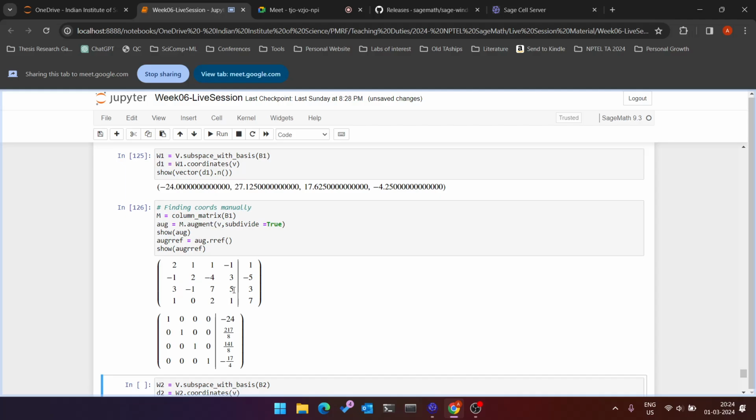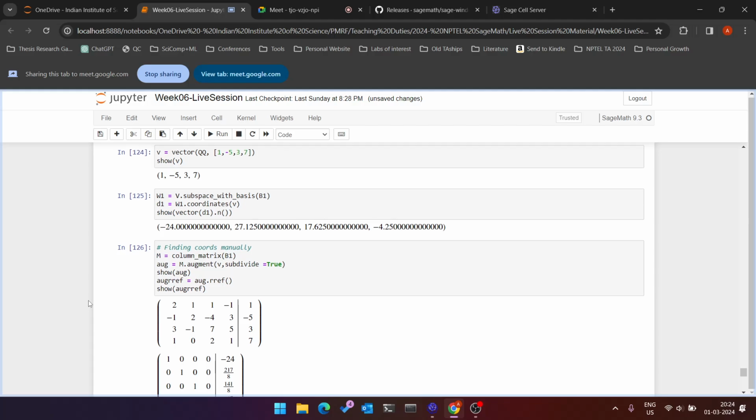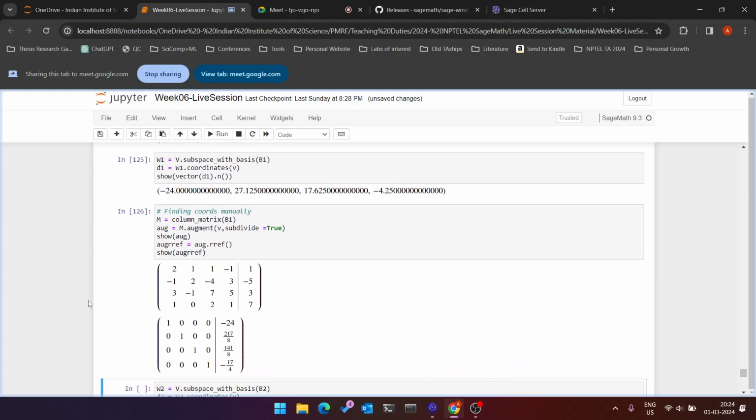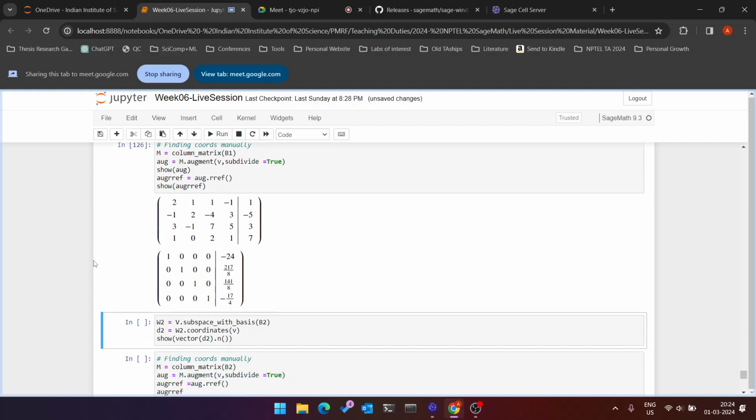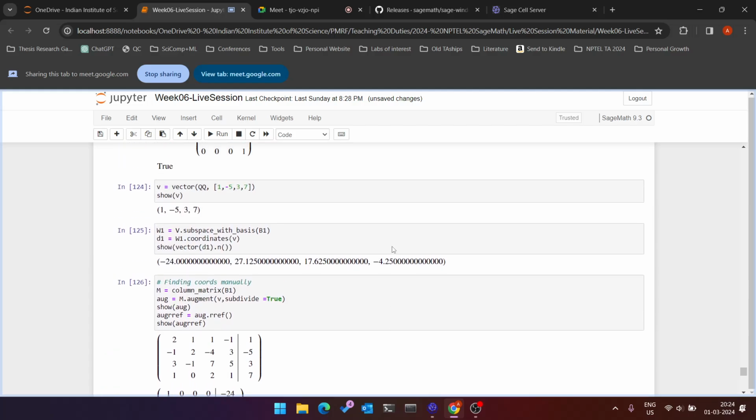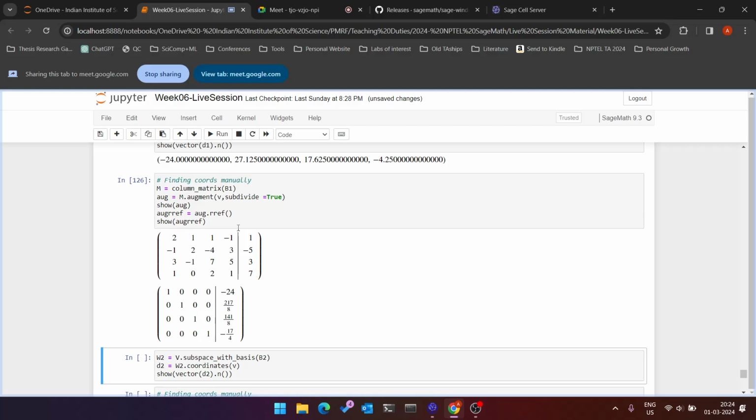Each of these are multiplied by some scalar, say A times column 1 plus B times column 2 plus C times column 3 plus D times column 4 equaling my right hand side column, which is vector V. Now, to calculate what those values are, we basically do row reduced echelon form, from which we obtain the solutions in this form.